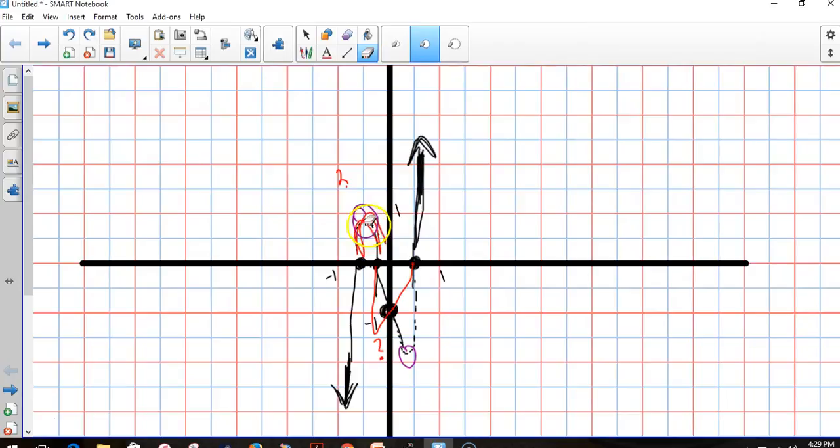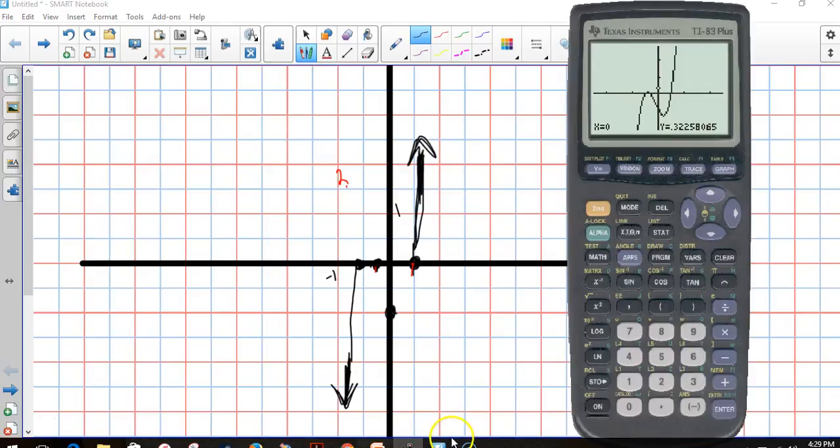I'm going to take all of this off. I'll put my intercept back in. So you can see that it's coming up, but hardly at all, that you almost can't even see it.